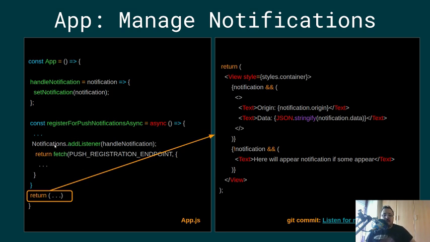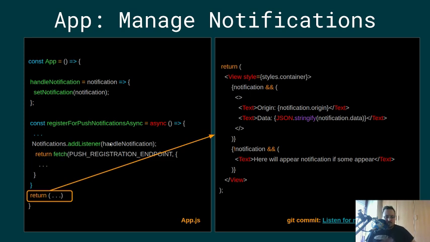But we had also a listener for the notifications, and we said, okay, every time, Expo gives us the notifications parameter. Sorry, I was watching an email from a student.